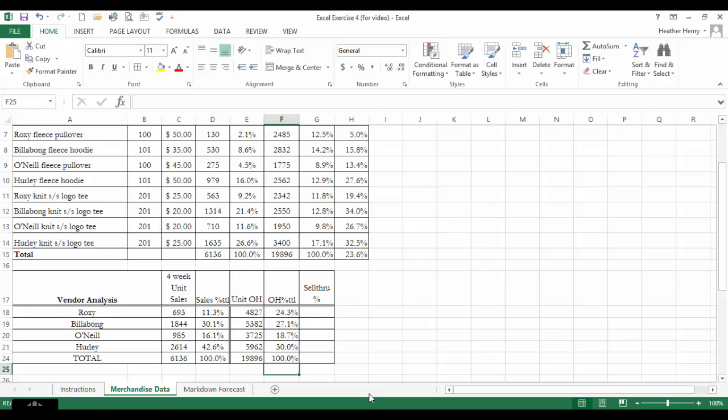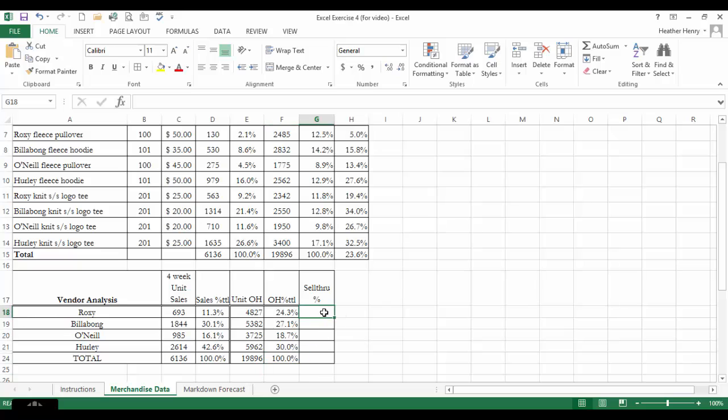That means we're probably missing opportunity in other areas where sales may be stronger than what we actually have on hand. So if you look at Billabong, I'm sorry, 30.1% in sales with 27.1% on hand. That means our sales are greater than the percent of on-hand inventory that we have.